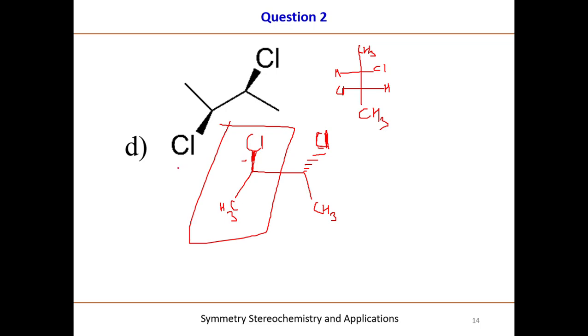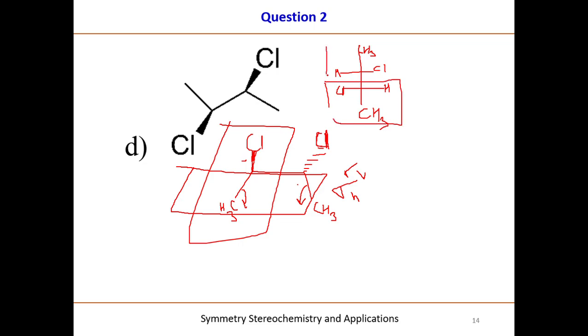If we pass the horizontal plane from here, we will not get the same image because these two CH3 are downside. If we pass the plane by cutting the two chlorine atoms, we will not get the same configuration because these CH3 will become upside. So again, sigma H is absent, sigma V is also absent. You can check here also. We cannot pass a plane through here and here also. In this way also we cannot pass a plane, right?